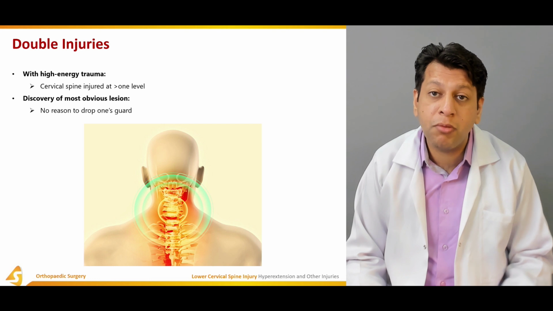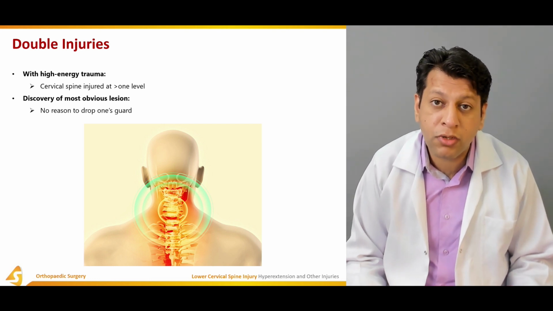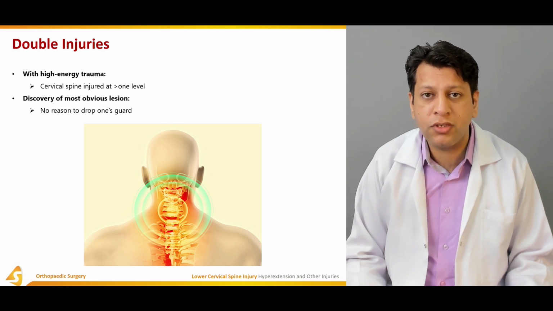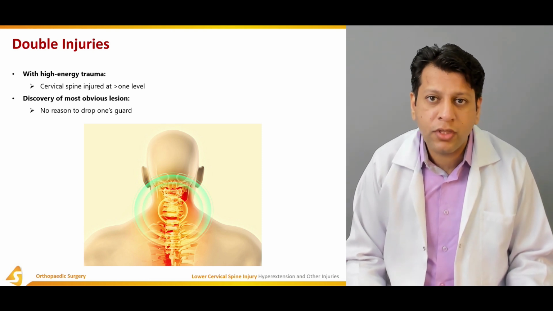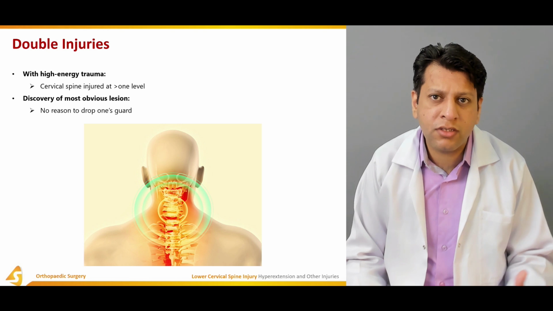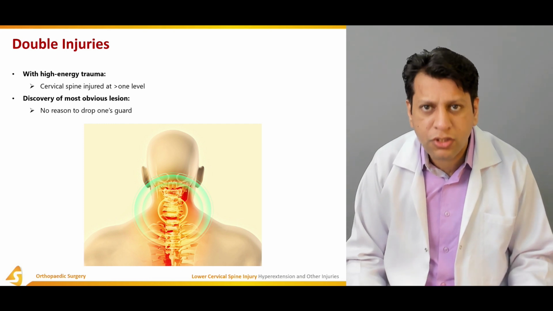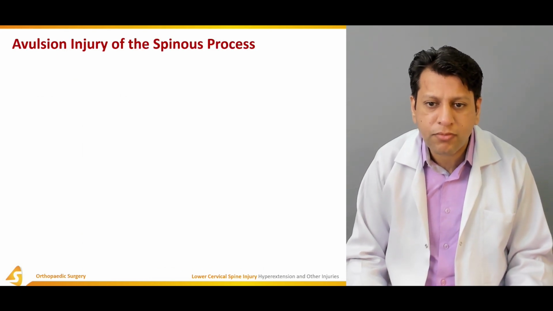Because sometimes there may be another associated injury present somewhere lower down. And this is very common whenever you have a C1 or C2 fracture, it may be associated with a lower C6, C7 fracture as well. And sometimes there is a subaxial as well as supraaxial spinal fracture as well.